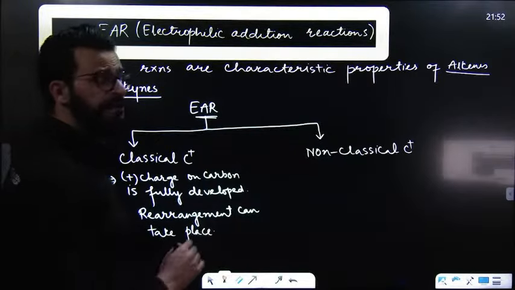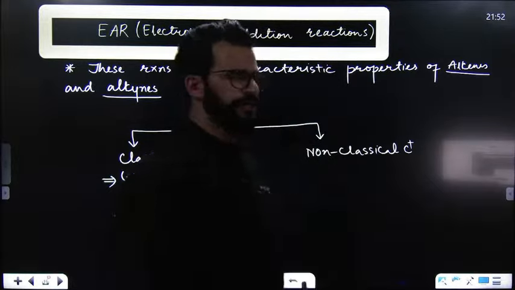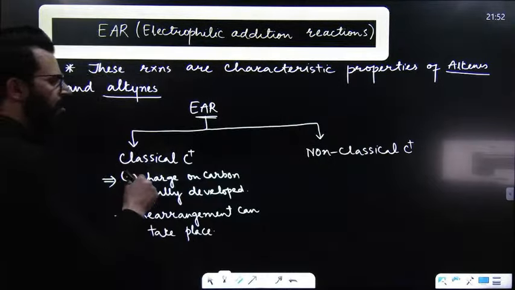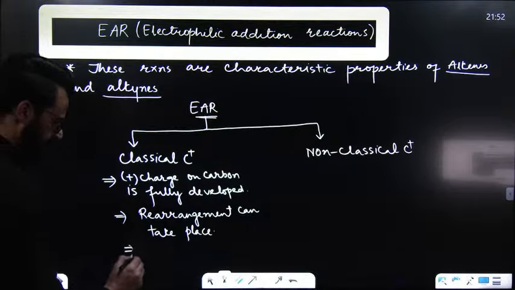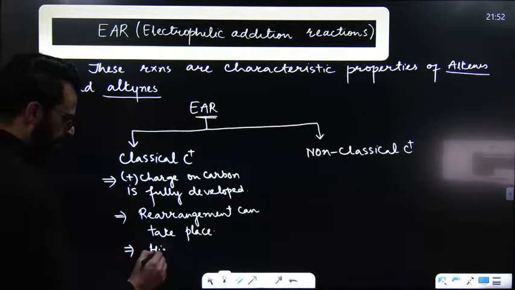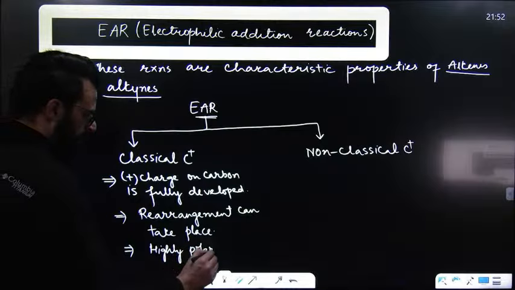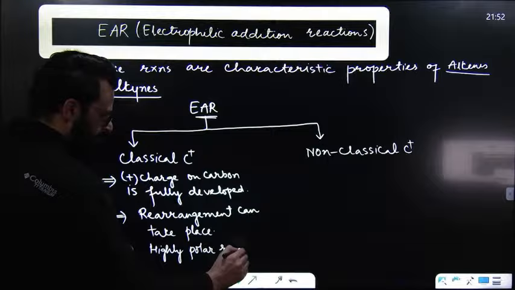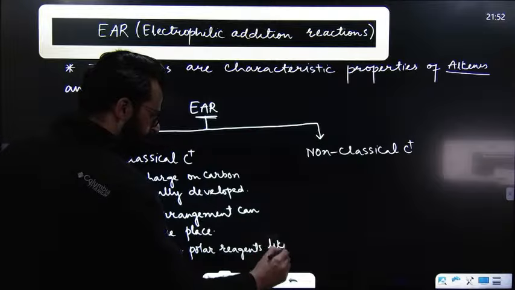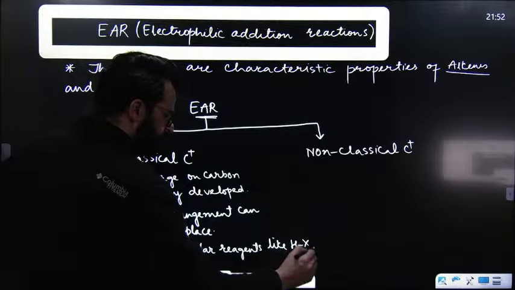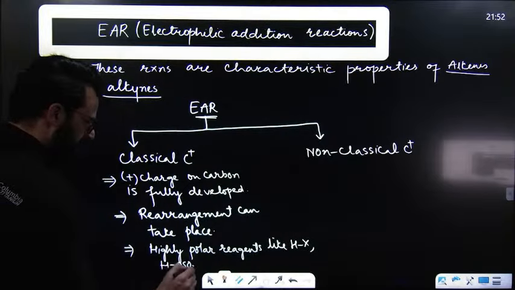Now, how will we identify whether this electrophilic addition reaction takes place via classical carbocation or via non-classical carbocation? For that, remember, highly polar reagents generally show this reaction. Highly polar reagents like HX, H2SO4, that means HOSO3H.